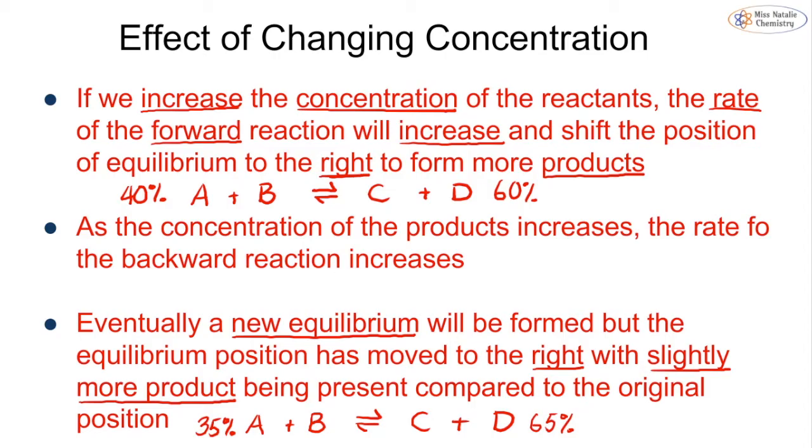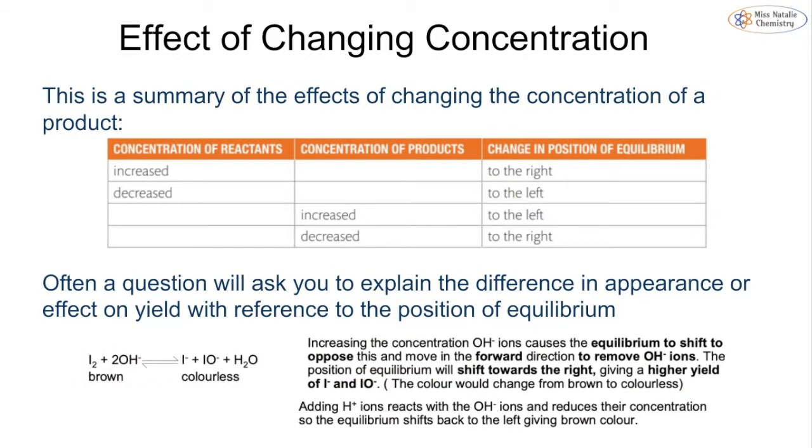So my equilibrium position has shifted slightly to the right. Now, if we were to decrease the concentration of our reactant, we would then have the equilibrium doing the opposite, and we would have the equilibrium shifting to the left.